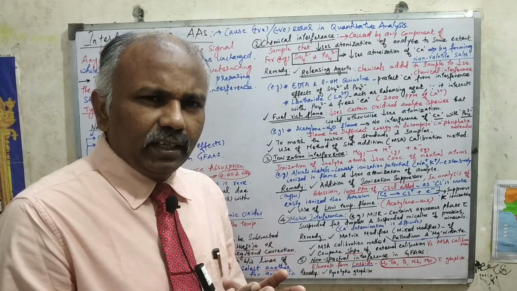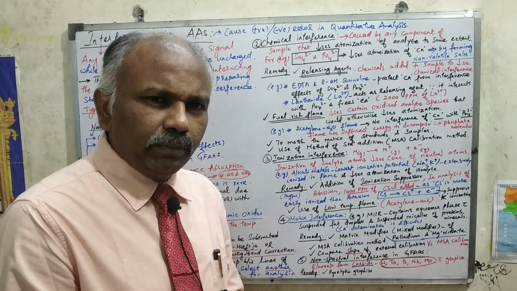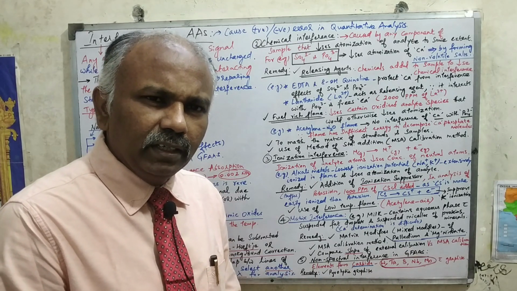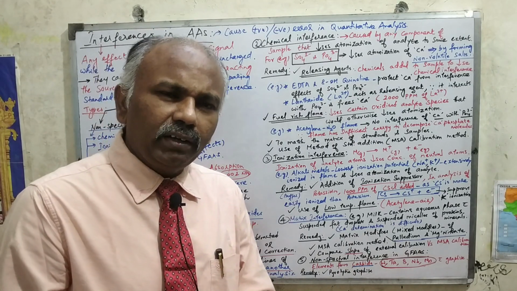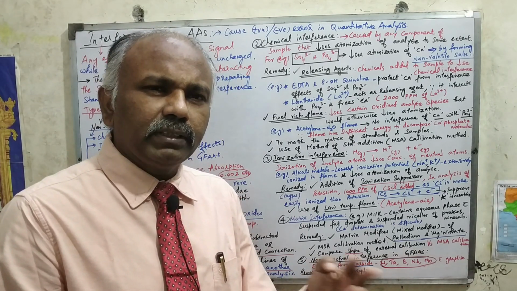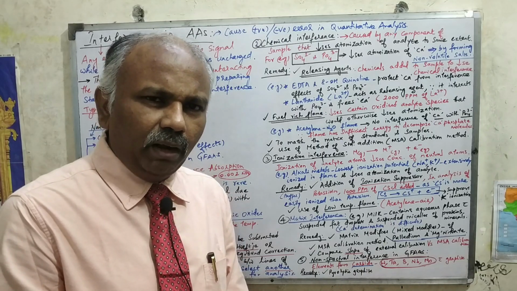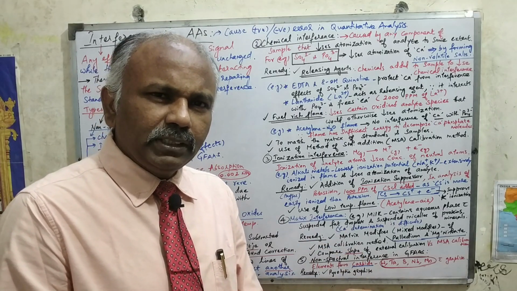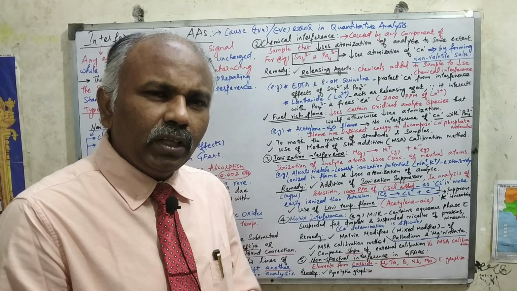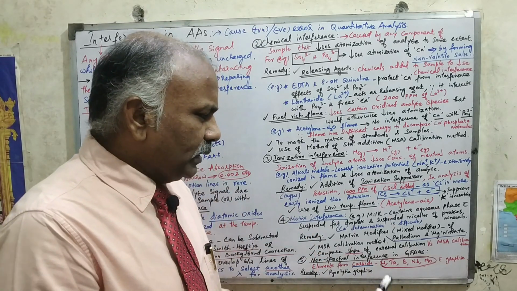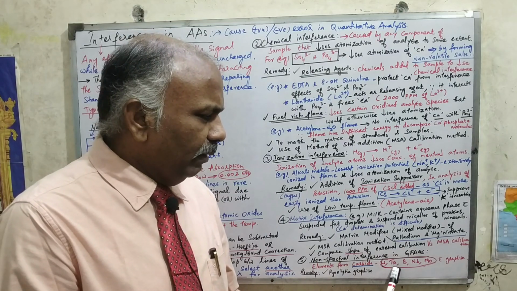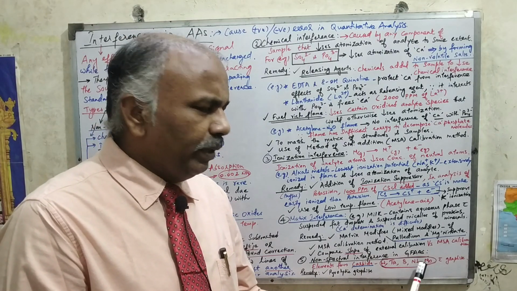When they get carbide formation, definitely the atomization will be a big problem, right? Actually the elements should not react with the graphite, but certain elements will react with it. Graphite contains carbon, and these elements will try to form the corresponding carbide. We should be very cautious about those elements: tungsten, tantalum, boron, niobium and molybdenum.